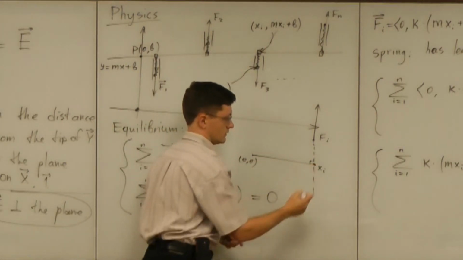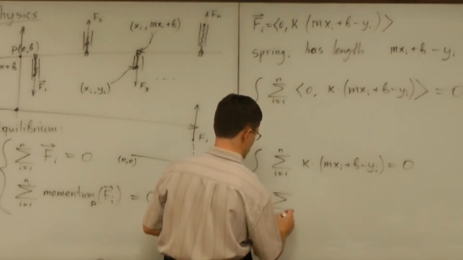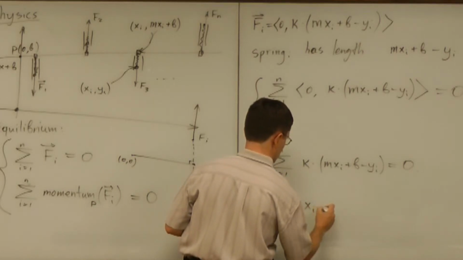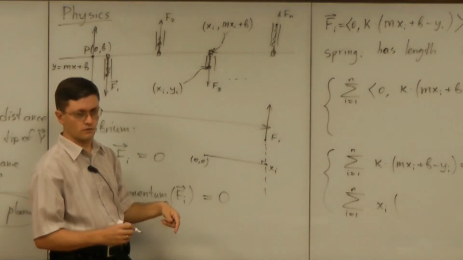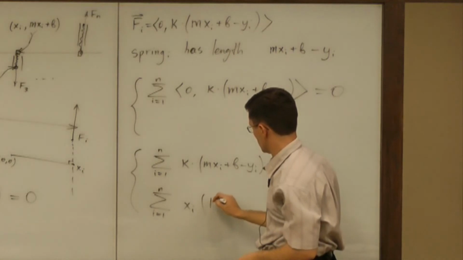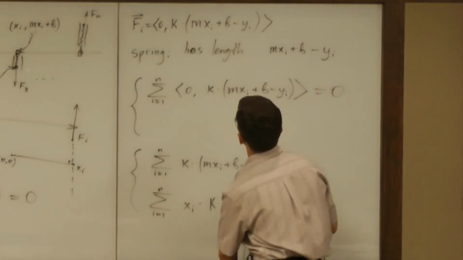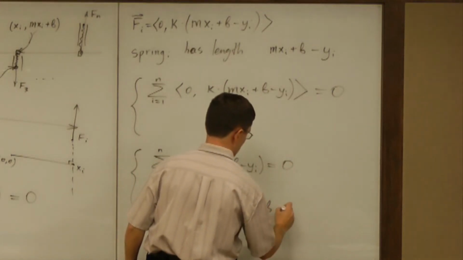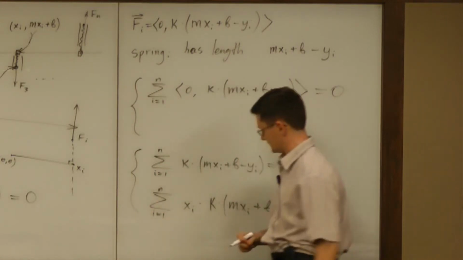So this is Xi. So I will have to add all these momenta, and each momentum is Xi multiplied by what? By the force Fi. And the force Fi, the magnitude is right there. It is k times xi times k times mxi plus b minus yi. That must be 0.